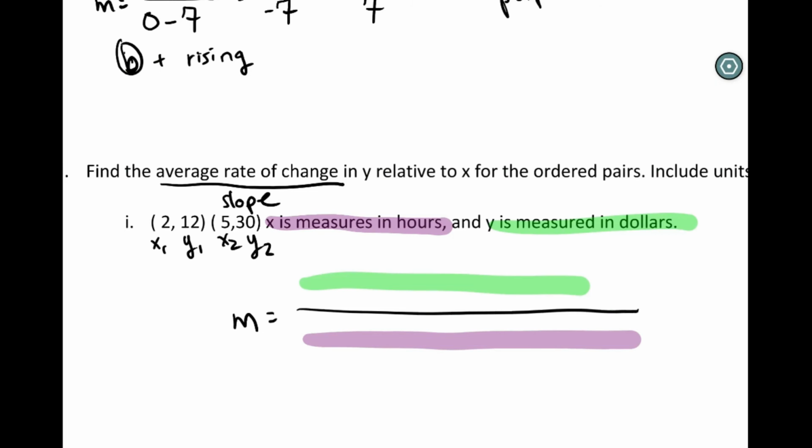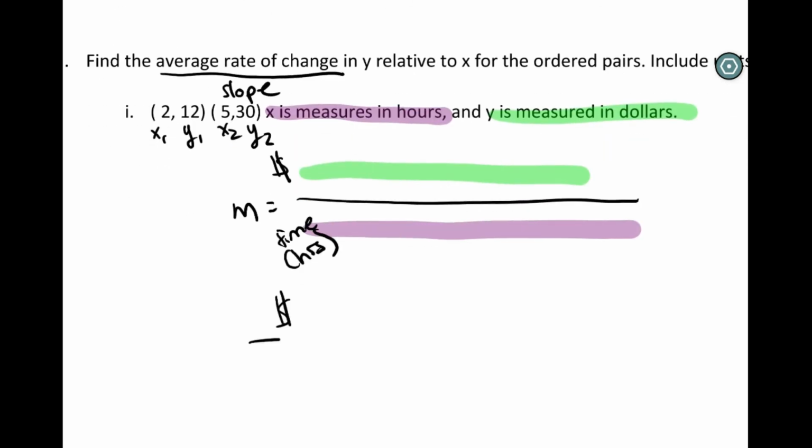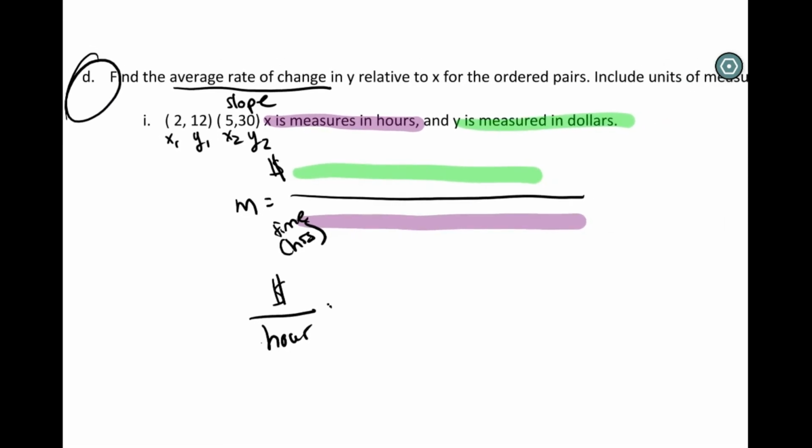So this is going to tell you the cash per hour. That is what I'd like you to find, the average rate of change, or average salary per hour, of these ordered pairs. Be sure to include that, and that'll be in the end.